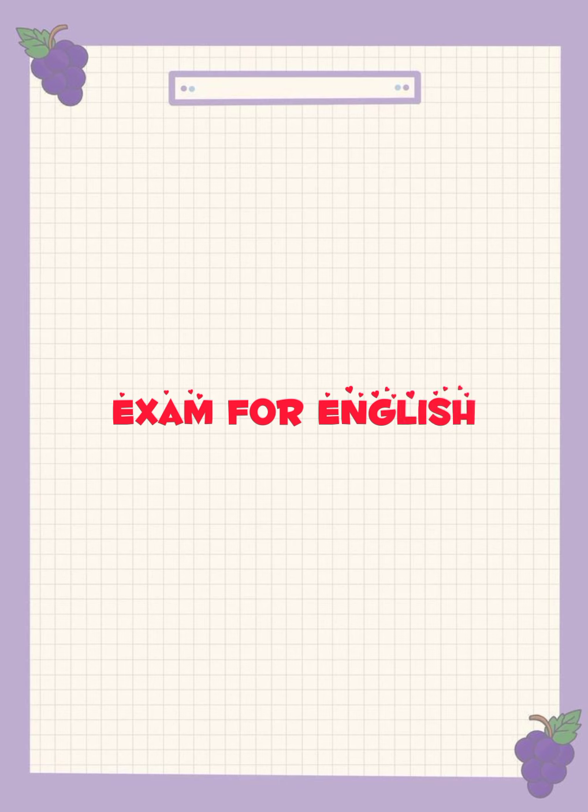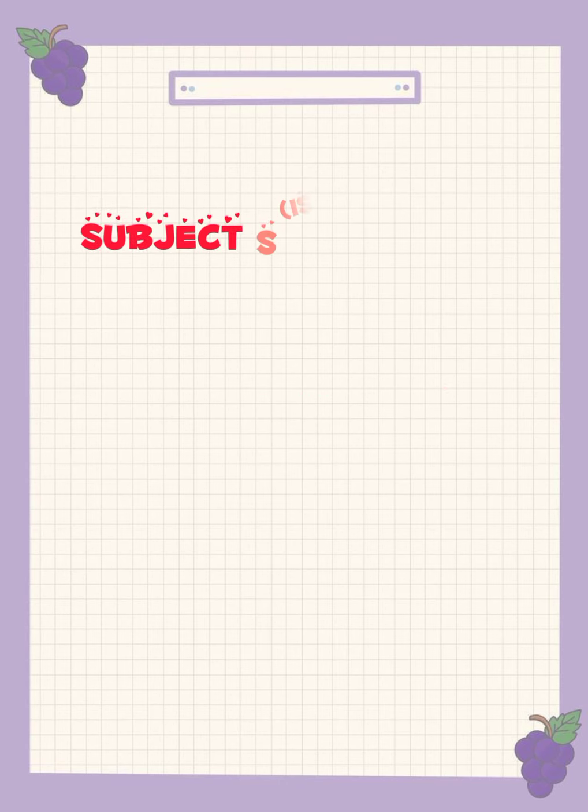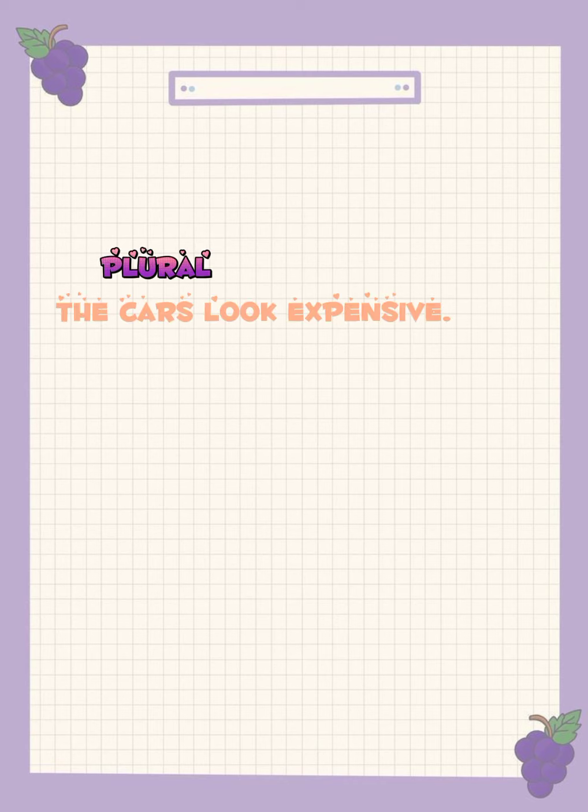Exam for English. Subject-verb agreement. You do not add an S to your verb. The cars look expensive. Our noun, cars, is plural.